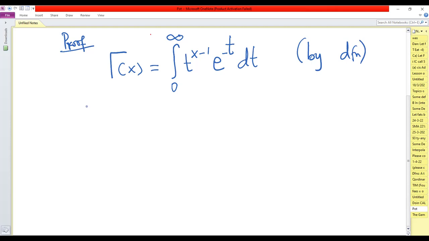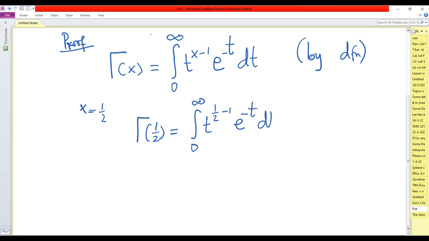Now, when x equals a half, we'll have gamma of a half given by the integral from 0 to infinity of t raised to power half minus 1 e raised to power minus t dt, which reduces to the integral from 0 to infinity of t raised to power minus a half e raised to power minus t dt.